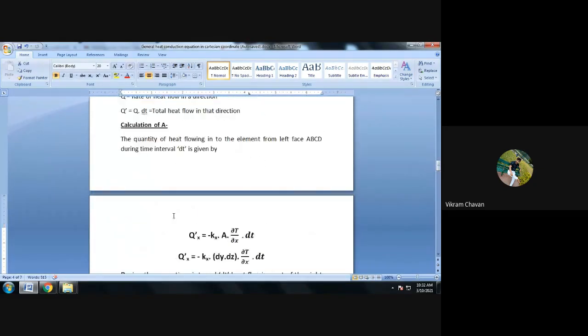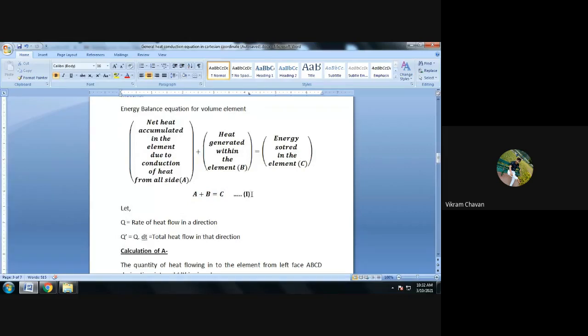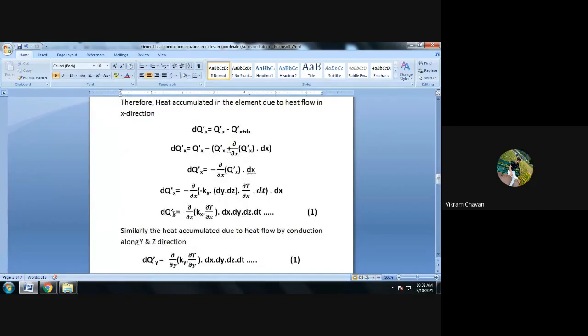Roman numeral one is assigned to the energy balance equation, and the normal number one is assigned to this dq dash equation. So here what we understood is that if we want to find the net heat accumulated in the x direction, then we have to take the differential with respect to x of the thermal conductivity in x and the temperature gradient with respect to x, and multiply by dx dy dz multiplied by dt.